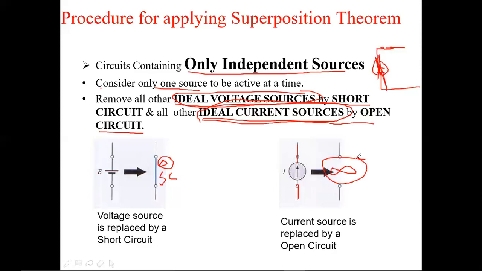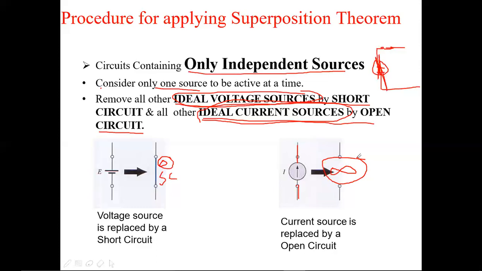I will repeat it again. First point is consider only one active source at a time. Second point, all ideal voltage sources must be replaced with their internal resistance, that is 0. My third point, all other ideal current sources must be replaced with their internal resistance, that is infinity.